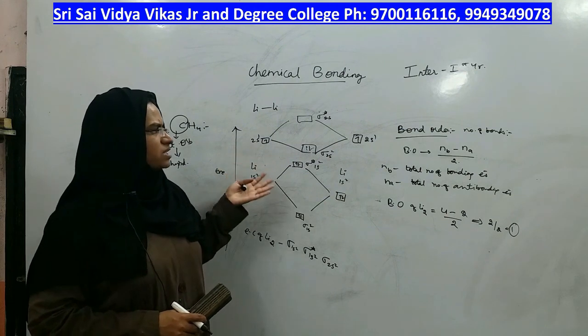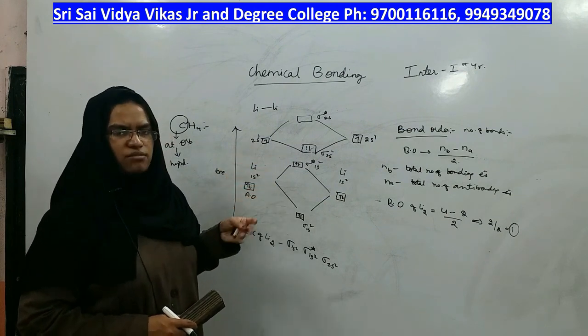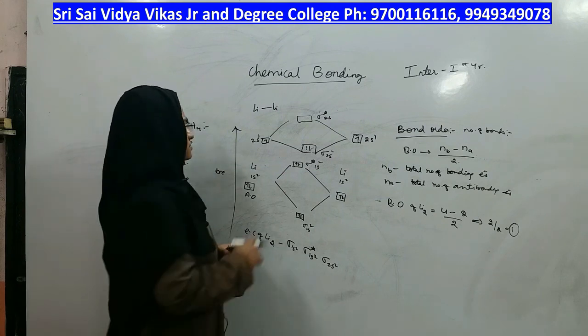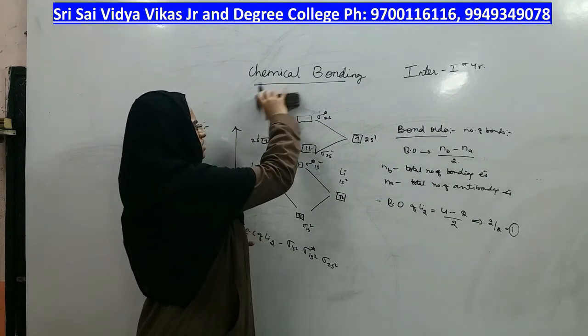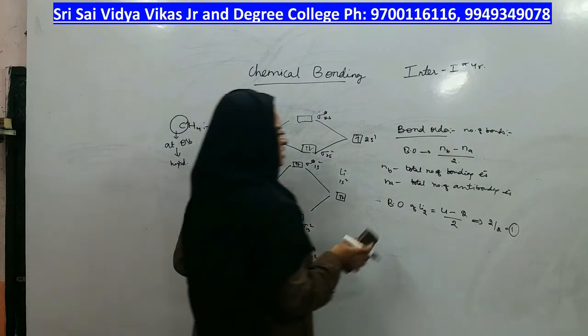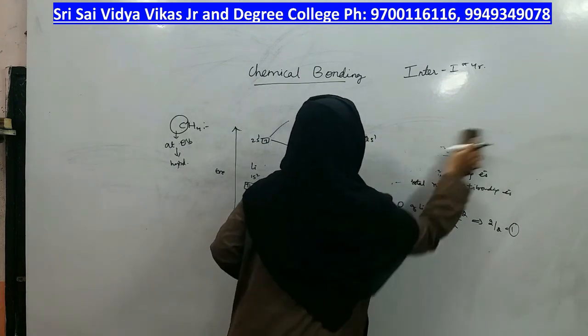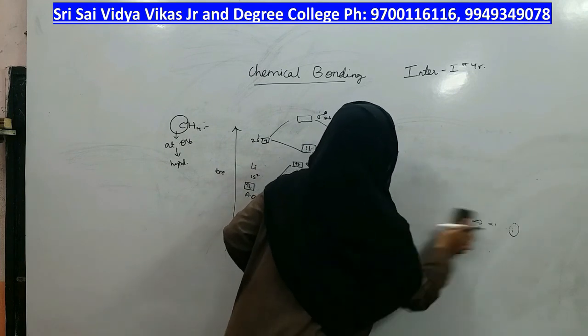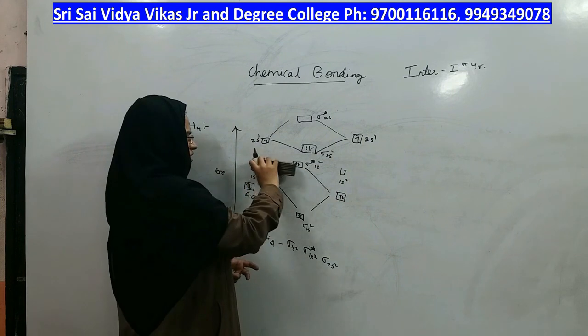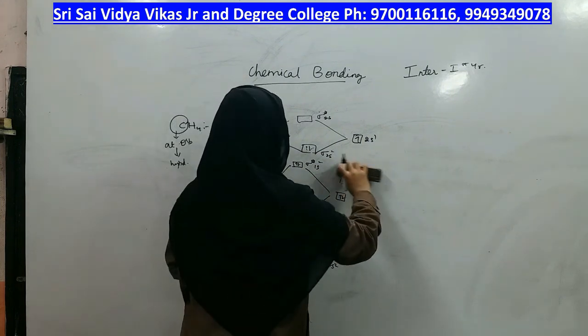Now let us apply the same molecular orbital energy diagram for the next molecule, which is beryllium. Okay. What I will do is, instead of rubbing and drawing the diagram again, I will make the changes here itself. Right, this was lithium, now I will take beryllium.